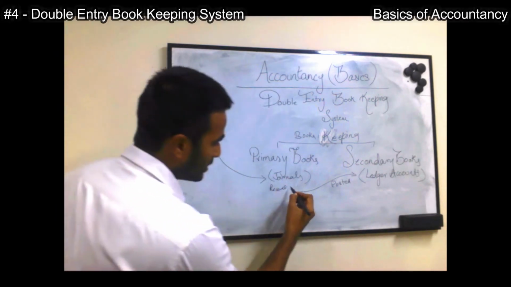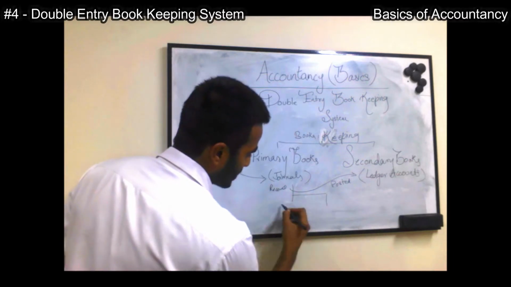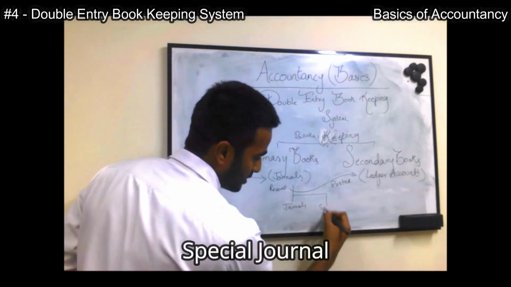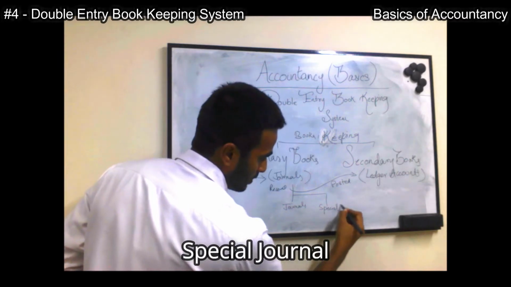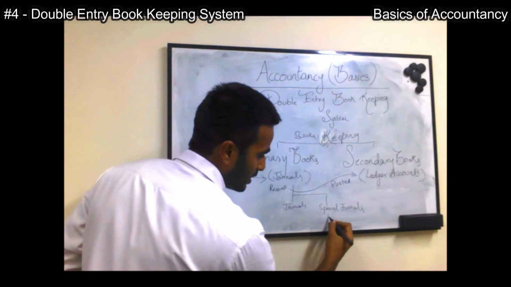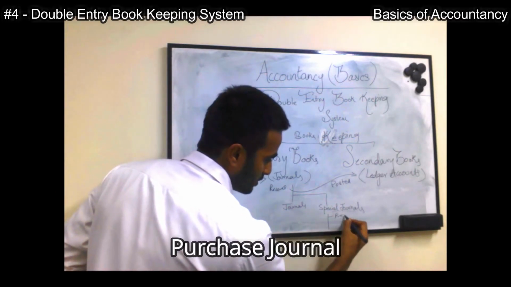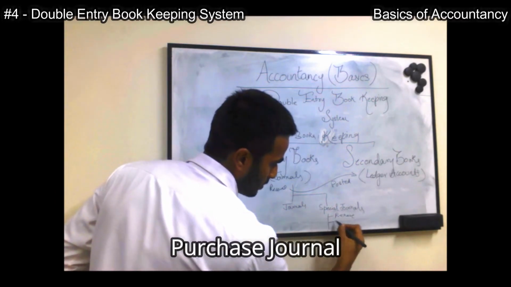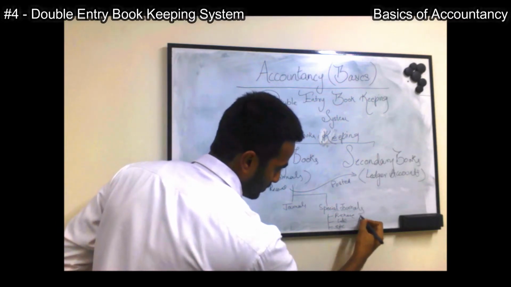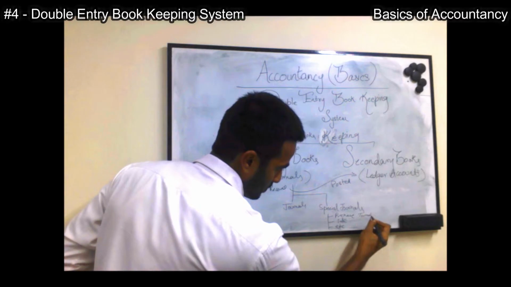Even under journals, you have various kinds of journals, and then you have special journals. Under special journals, you have purchase, sale, etc.